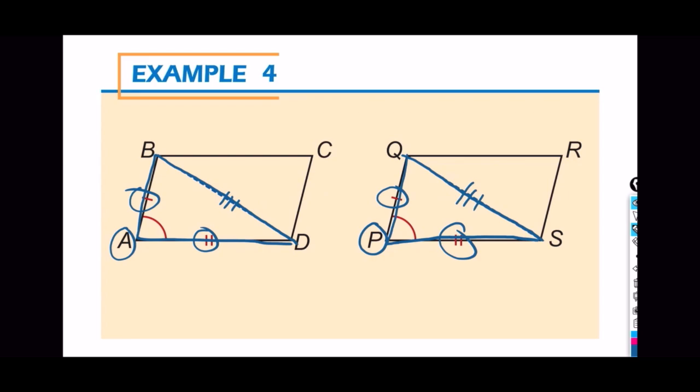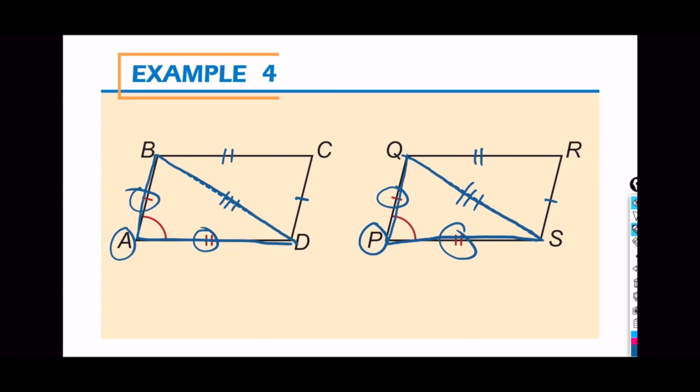Since both figures are given to be parallelograms, each pair of opposite sides is congruent. So I'm going to mark them all. AB with DC, okay, and PQ with SR over here, and AD with BC, and PS with QR. All right.